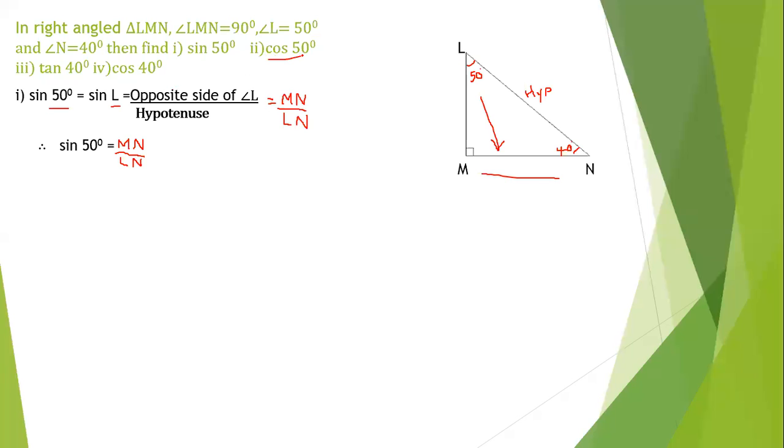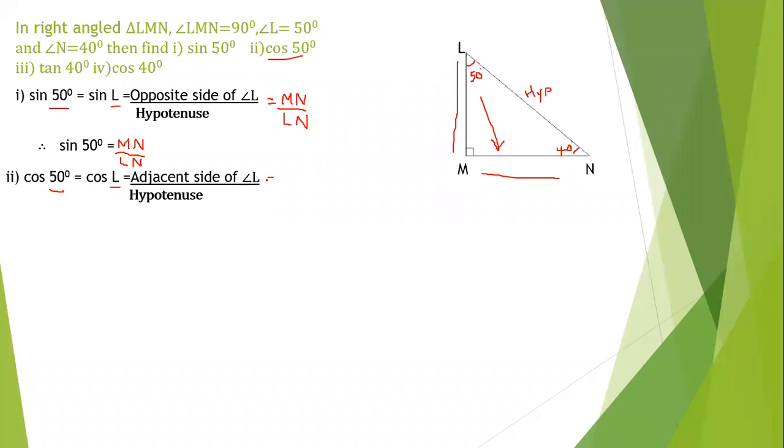Now what we need to find? We need to find cos 50 degree. So first we will write cos 50 degree equal to. Now 50 degree again it is the same angle, that is angle L. So we will write cos L is equal to adjacent side of angle L upon hypotenuse. Now which side is adjacent to angle L? Side LM.